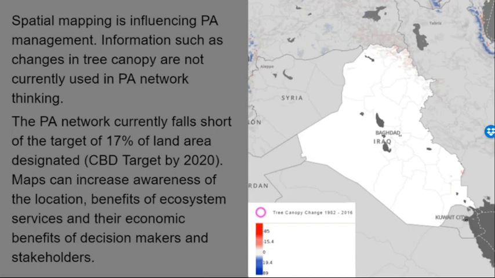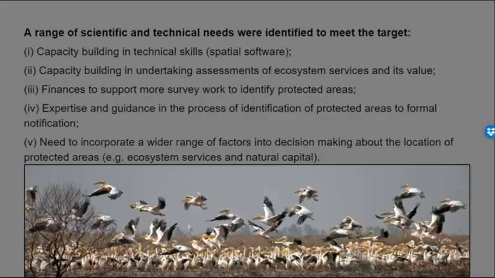Now, the protected area for Iraq at the moment covers about 2%, but once those areas currently in the system are designated, it will cover about 8.5%. The CBD target is 17% of the land area. So there's some way to go, but incredibly good, rapid progress has been made in increasing the number of protected areas within the country. Next slide, please.